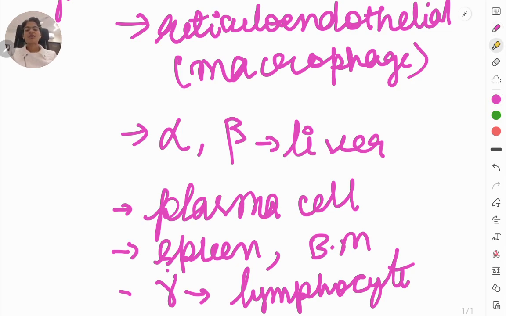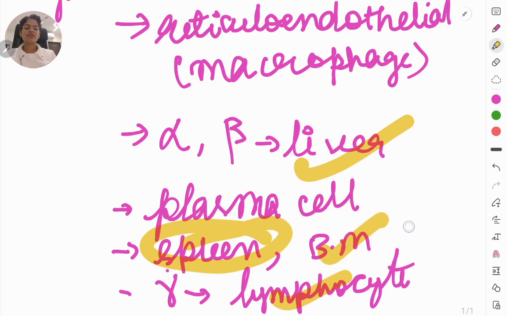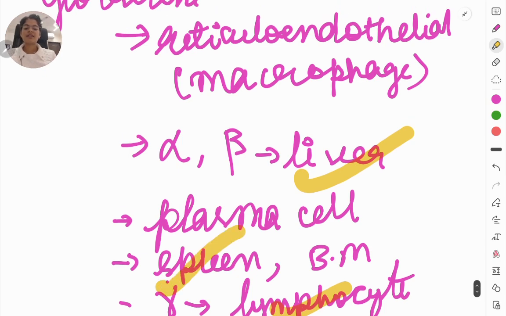Whenever I'm talking about the globulin, it has its role in defense mechanism. So most of the organs are actually also involved in defense, like lymphocyte, bone marrow, spleen. You have to know that thymus and bone marrow are the primary lymphoid organs. Spleen is the secondary.